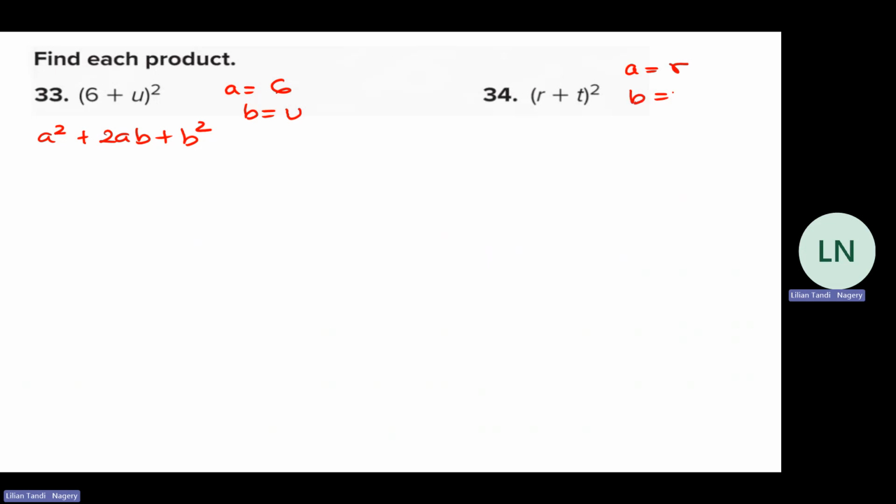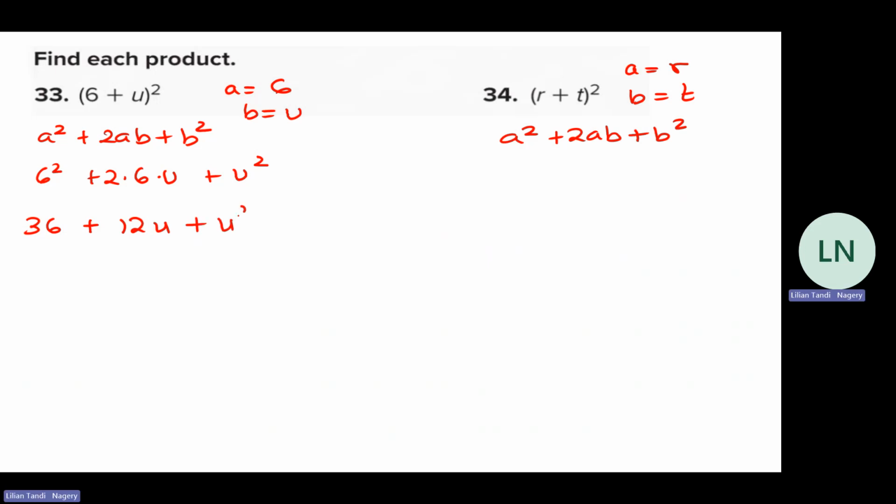Your a is r, your b is t, your Kanun is a squared plus 2ab plus b squared. So 6 squared plus 2 times 6 times u plus u squared. 36 plus, what is this? 12u plus u squared.